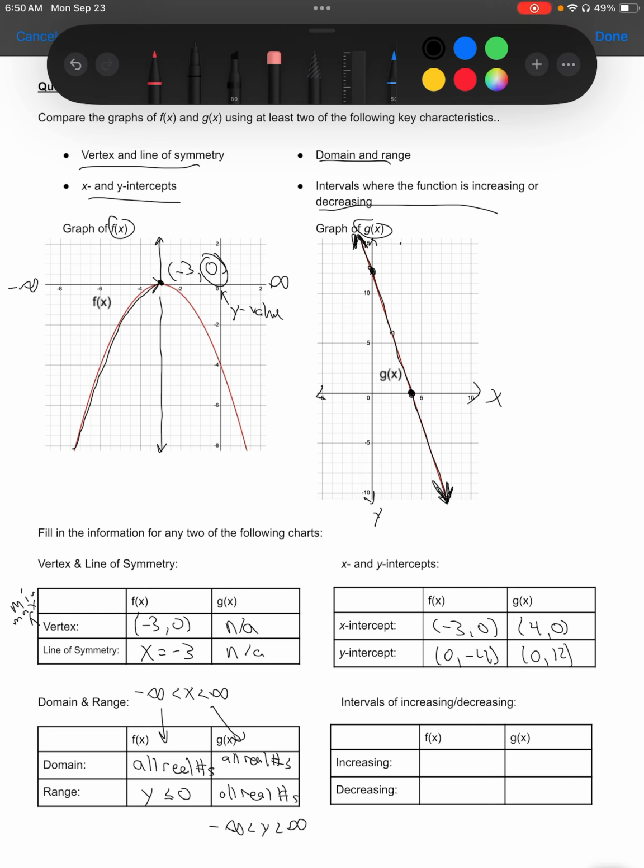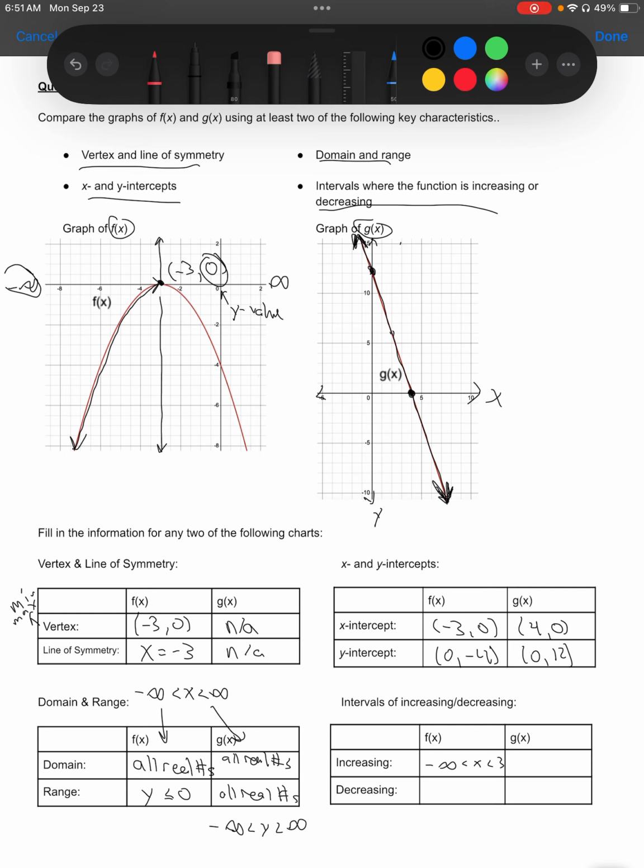So the graph is going up from this left side of the graph, which is going all the way to negative infinity. And then it's going until we get to this point at negative 3. So we could say that it's increasing from negative infinity until we get to 3.